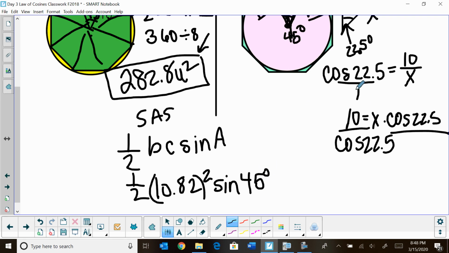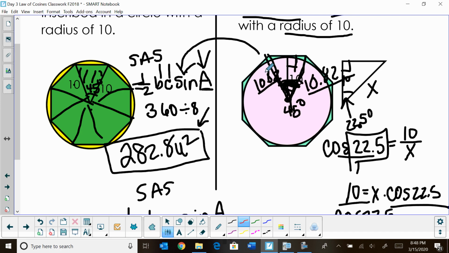We used the 22.5 because that was half of it, to create the right triangle to solve for that radius. But in the formula, we use the central angle of 45 because the triangle we're using to find the area of the octagon is this full one in red up there.